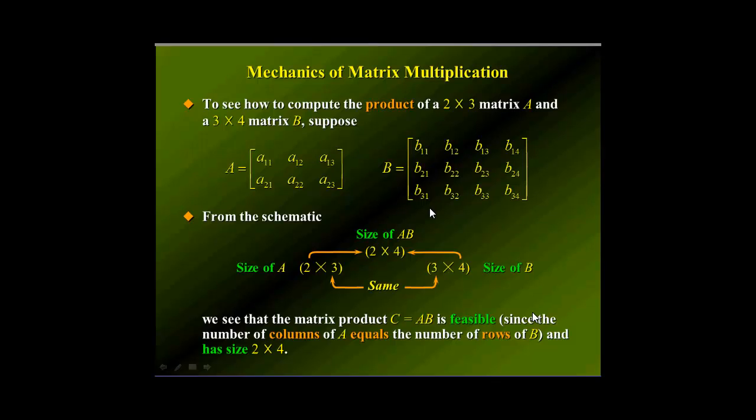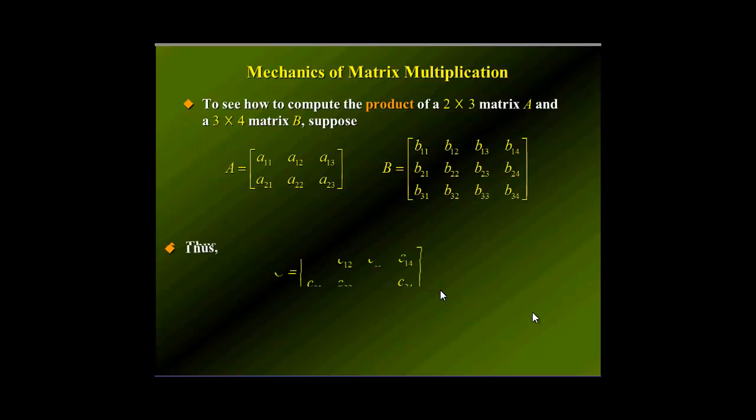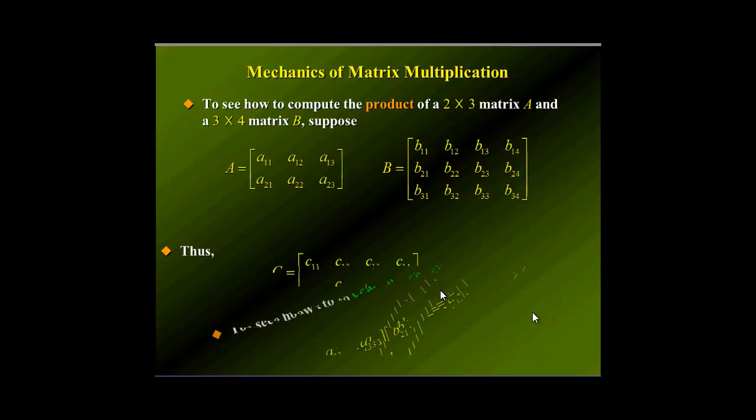So we see that the matrix product C equals AB is feasible, since the number of columns of A is equal to the number of rows of B. Here it is the same: it is a 2 by 3 and a 3 by 4, so both are the same, 3 and 3. So we say that we can solve this matrix product.